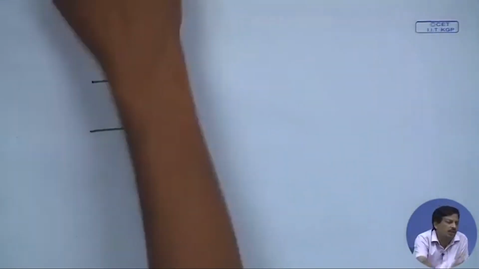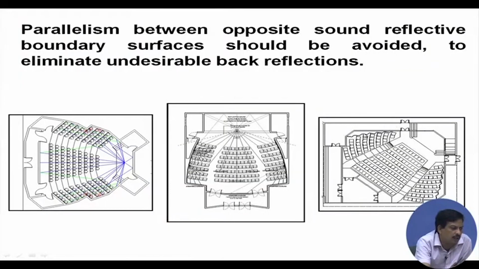Okay. Suppose I make this auditorium without this curved surface inside. If this curved surface is not there, then this wall and this wall are parallel, which affects the sound quality.